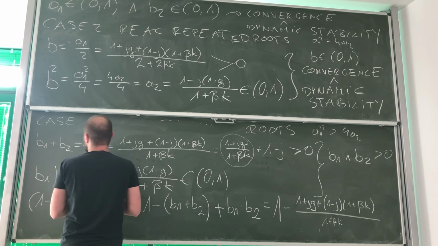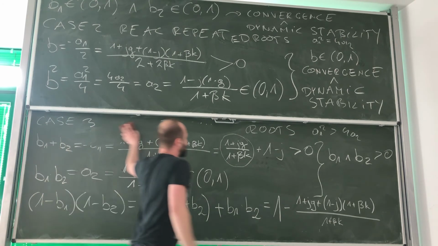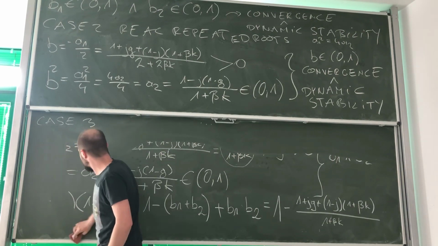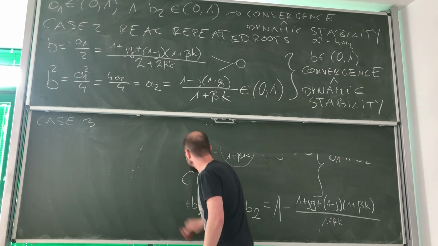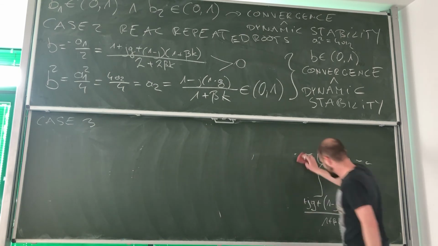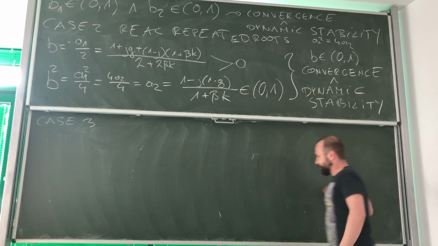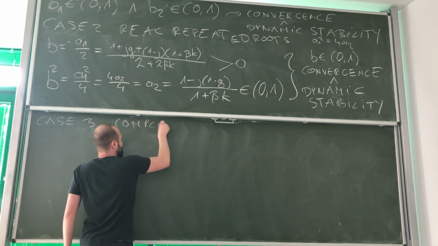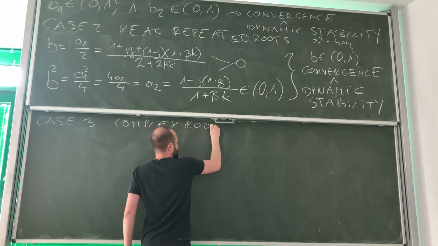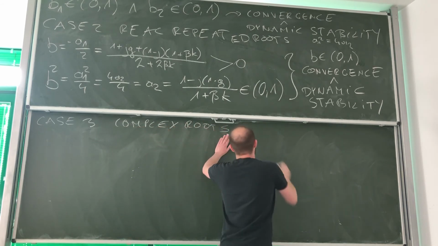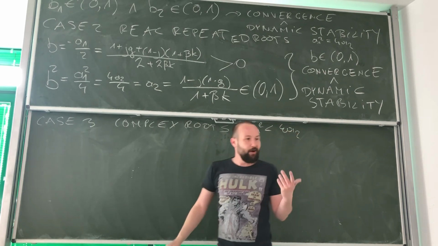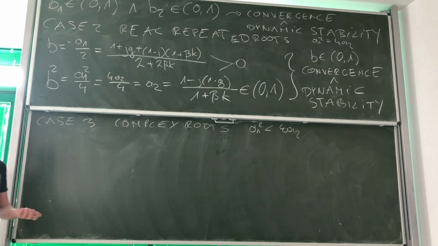Well, under these circumstances, those are complex roots. So the complex roots case is of course when A1 squared is lower than 4A2. However, the situation here is extremely trivial. Why?